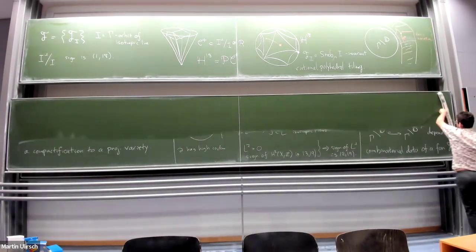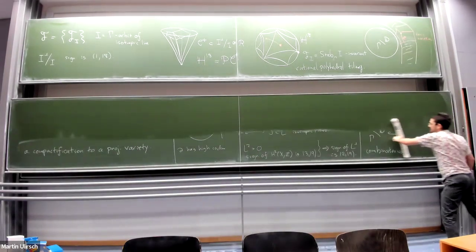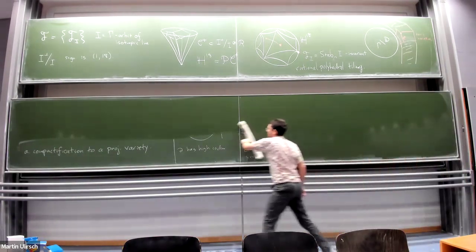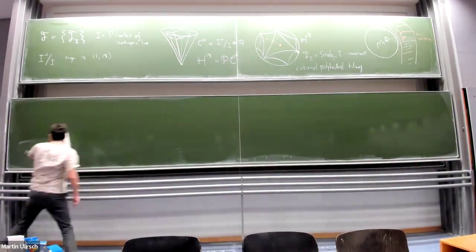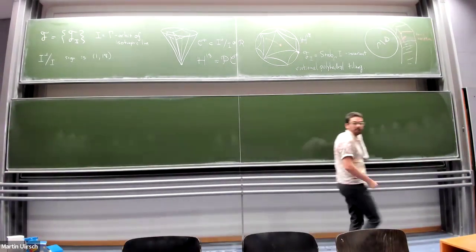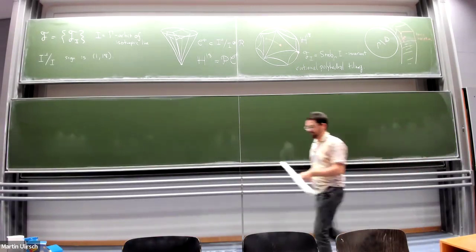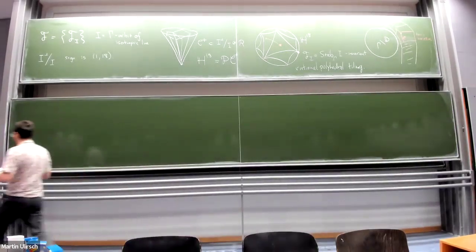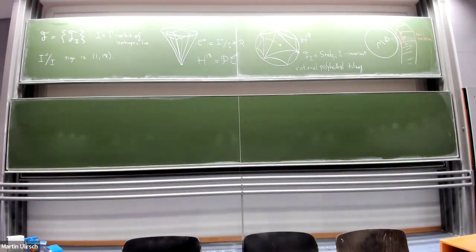So we get these very nice compactifications. For instance, the boundary is divisorial instead of having very high codimension, and the singularities of the boundary are pretty nice: finite quotients of toric singularities.